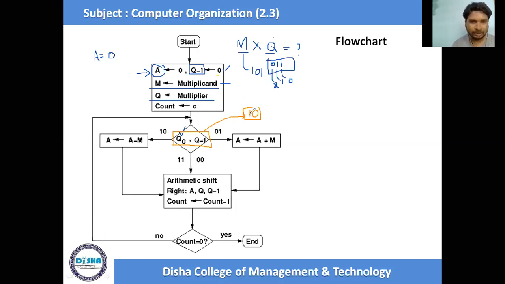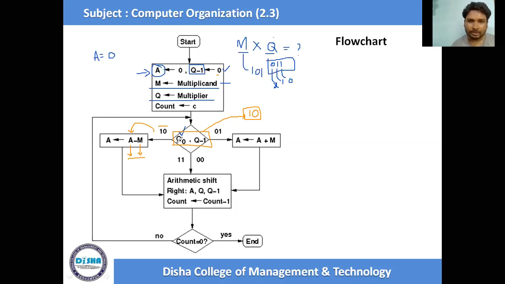If the value is 1 0, we will do this operation: the accumulator value should be subtracted by the multiplicand value. We'll do the subtraction of the accumulator value and the multiplicand value.